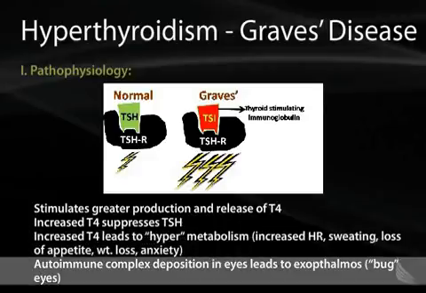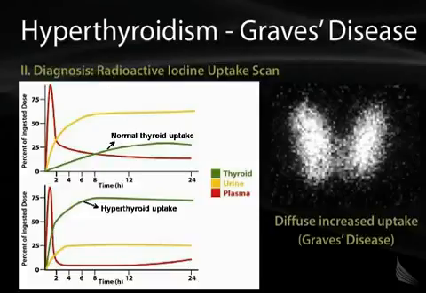And because this is an autoimmune disease, there are immune complexes that also get deposited in the back of the eye, the basement membrane of the eye, and as a result push the eyeball forward, resulting in a very classical pathognomonic finding for Graves' disease called exophthalmos or proptosis. It is important to note that in other forms of hyperthyroidism, you do not get this eye finding because this is very specific to the autoimmune immune complex deposition in the back of the eye.